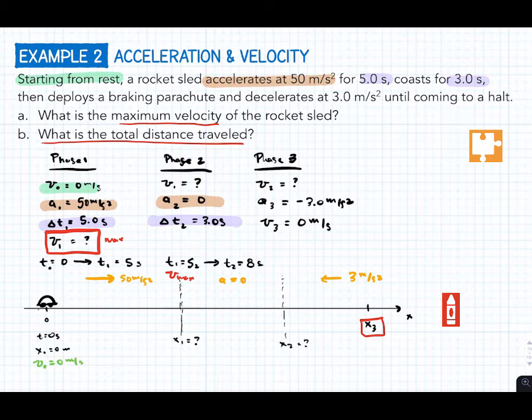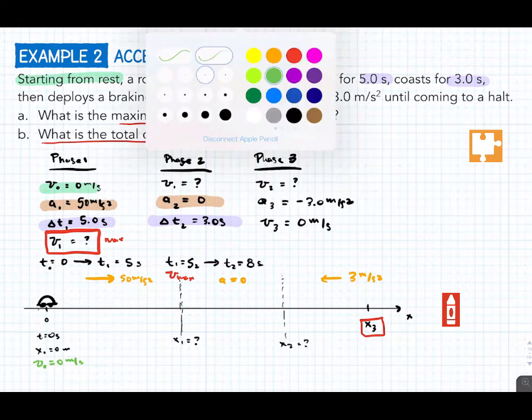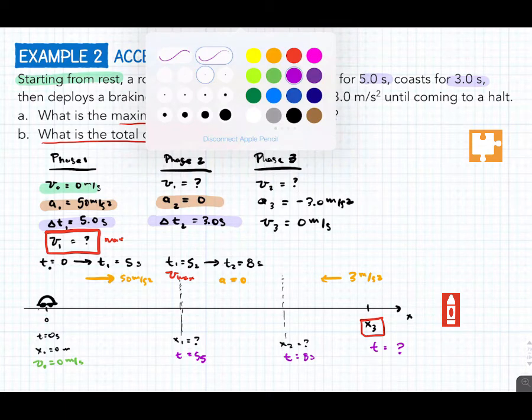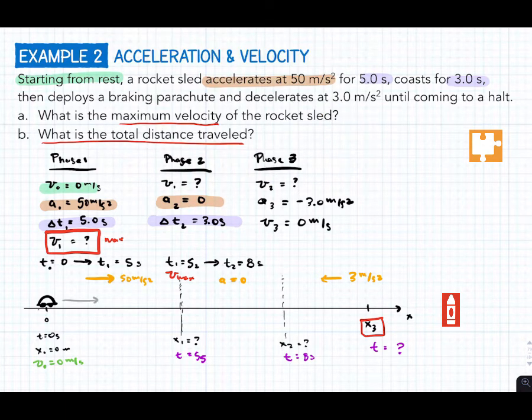Anything else we want to include? Times, maybe? So this would be t equals 5 seconds. This is t equals 8 seconds. And then we don't know what t equals here. Okay? Cool. And just, this thing's moving this way. What equations might we need to get started on this?